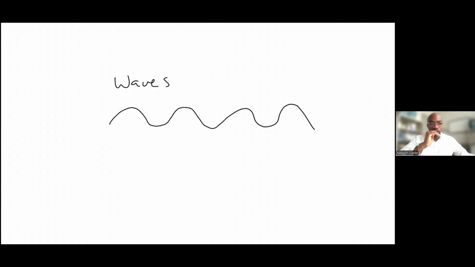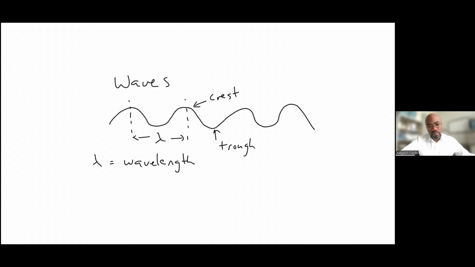With waves, the distance between these two high points, we call them crests, and this here we call a trough, the low point. The distance between these two is lambda, the wavelength. That's in meters.